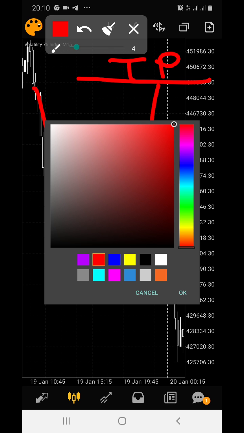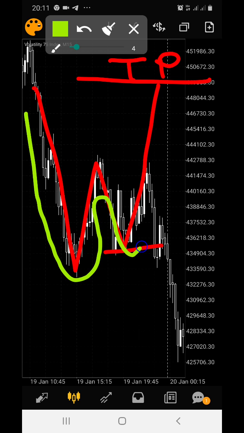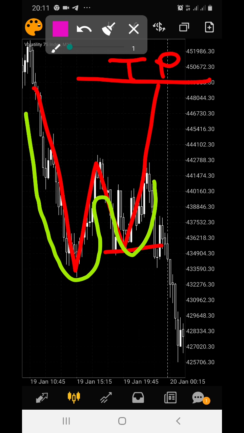How would our moving averages look? We were going to have our 13 period moving average rolling somewhere here like this, and we could have our five period moving average somewhere here.